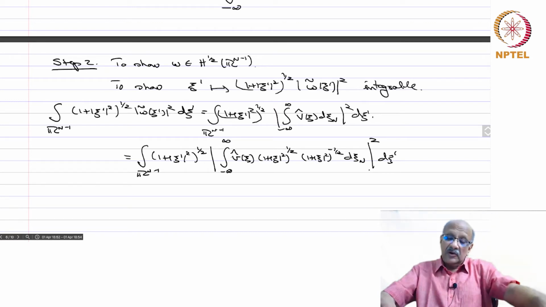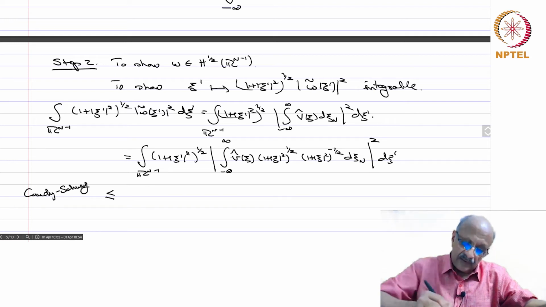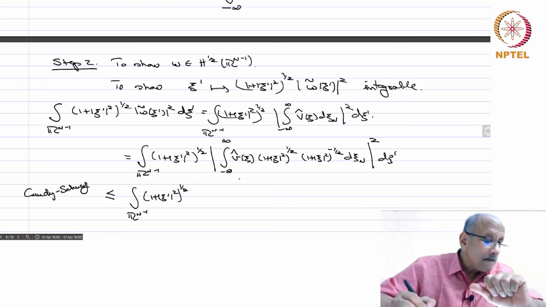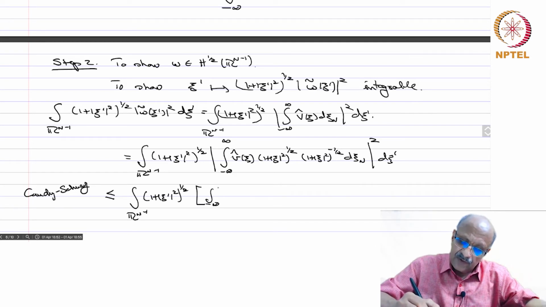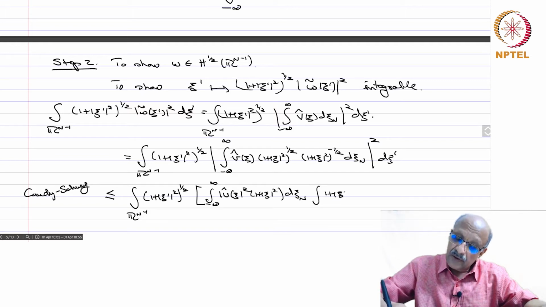Now for the term inside the modulus, I will apply the Cauchy-Schwarz inequality. So by Cauchy-Schwarz, this is less than or equal to the integral over Rn minus 1 of 1 plus mod xi dash square power half into the integral from minus infinity to infinity of mod V hat xi square into 1 plus mod xi square d xi n, into the integral from minus infinity to infinity of 1 plus mod xi square power minus 1 d xi n, into d xi dash.